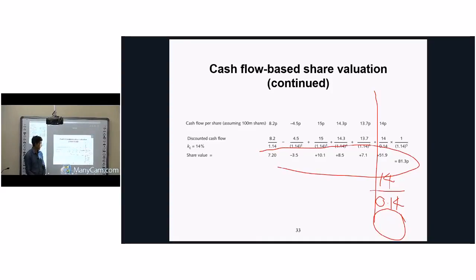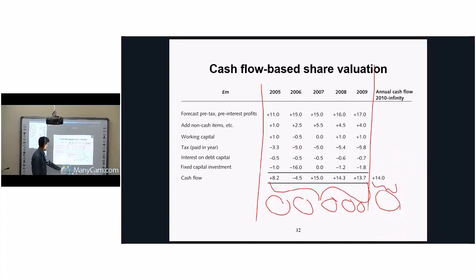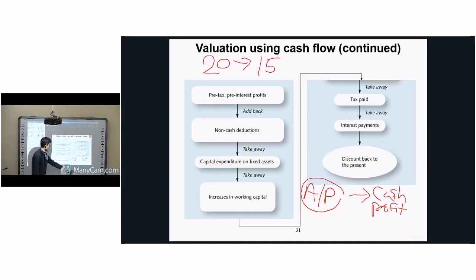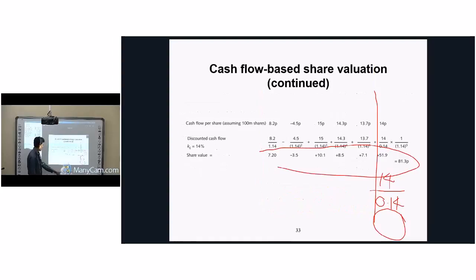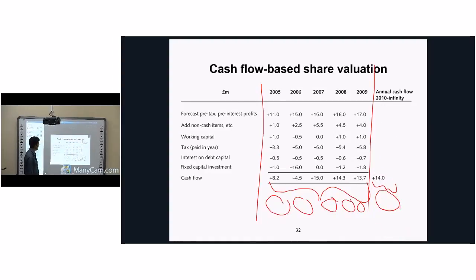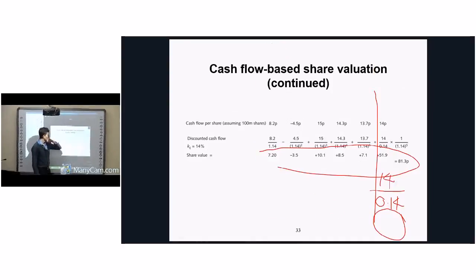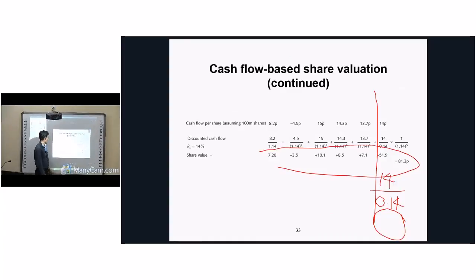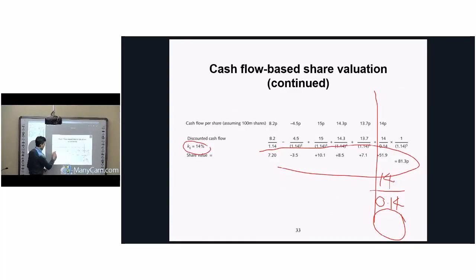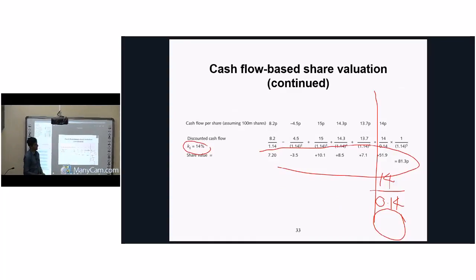Okay, and keep in mind for this question, even though it's not mentioned here, the rate we are going to discount the cash flows at is 14%. That's why we have discounted all the cash flows by 14%, because as you can see here the cost of equity is given at 14%.